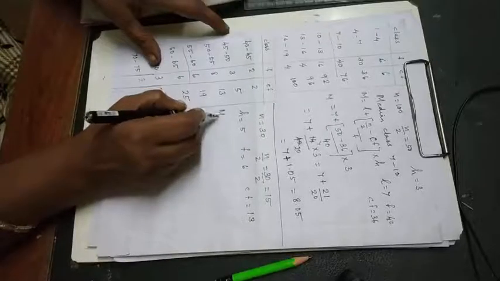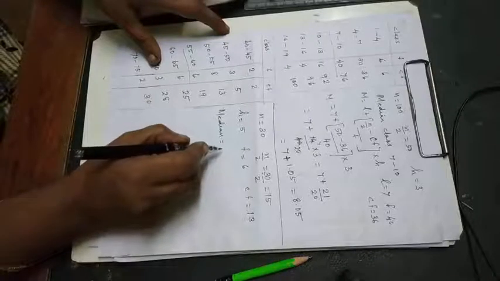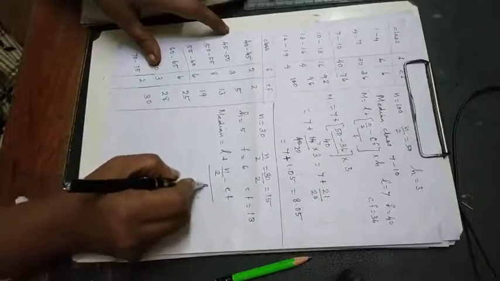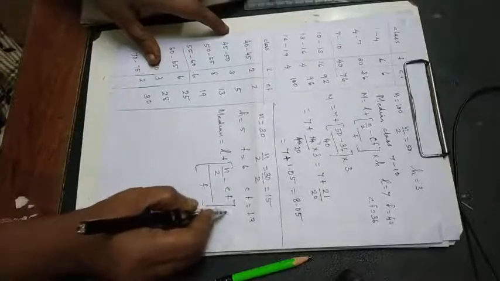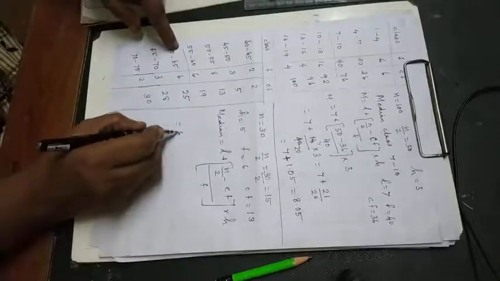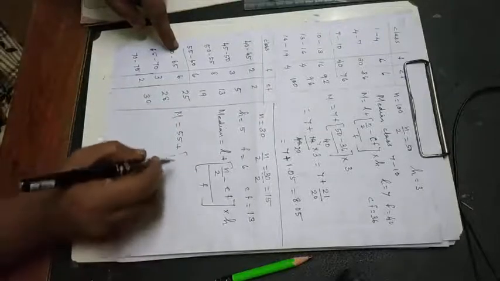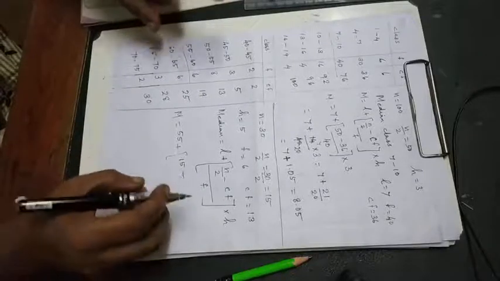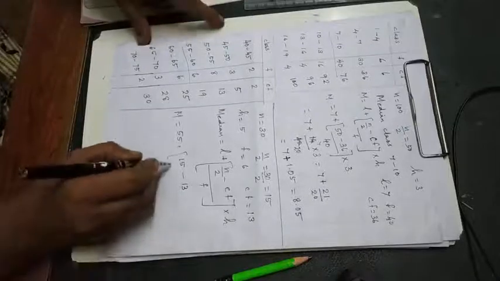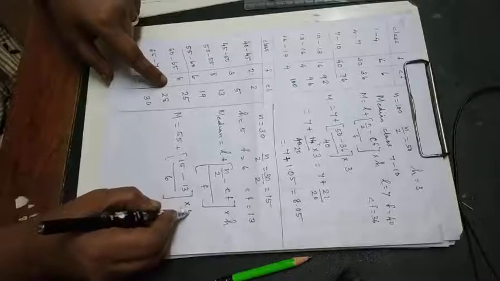Now the median is equal to L plus n by 2 minus CF by f into h. So L, that is 55, plus n by 2, which is 15, minus CF 13, by f, f is equal to 6, h is equal to 5.